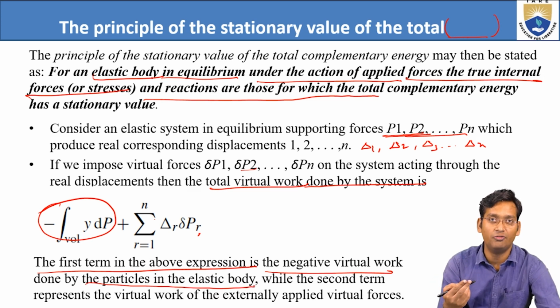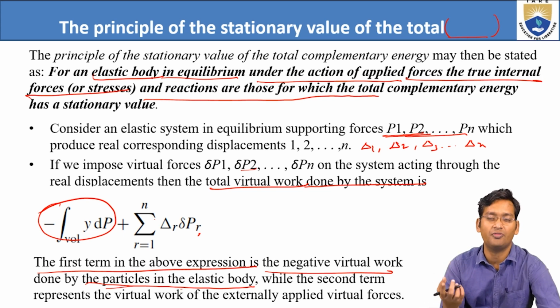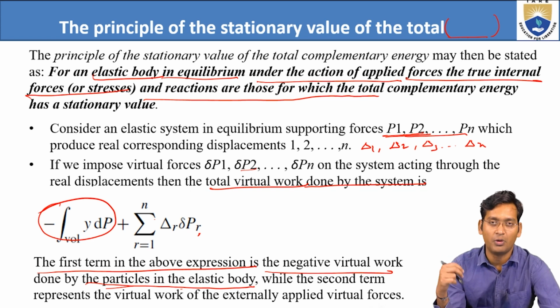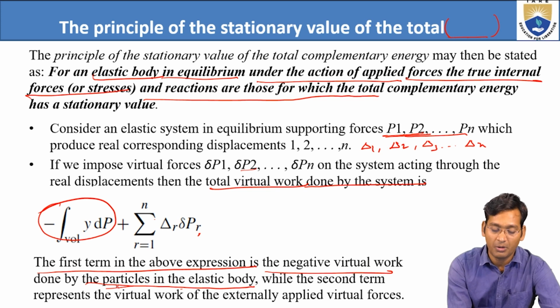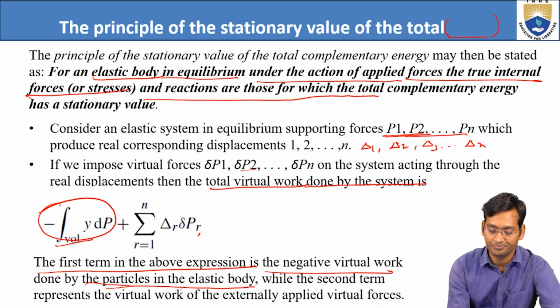Inside the body, whatever material is there, iron or aluminium, will have different particles, and because of those particles this is the negative virtual work.